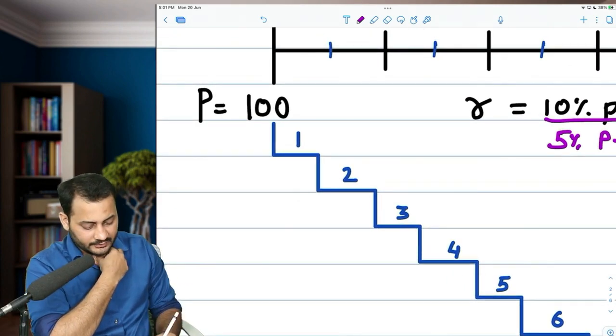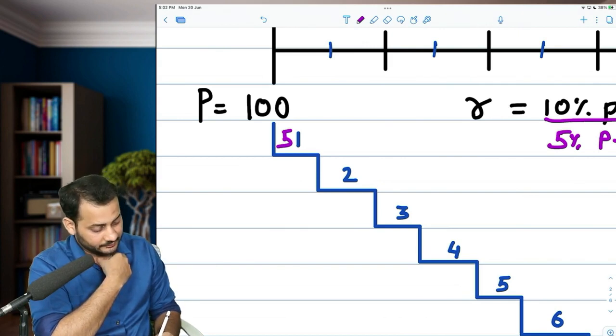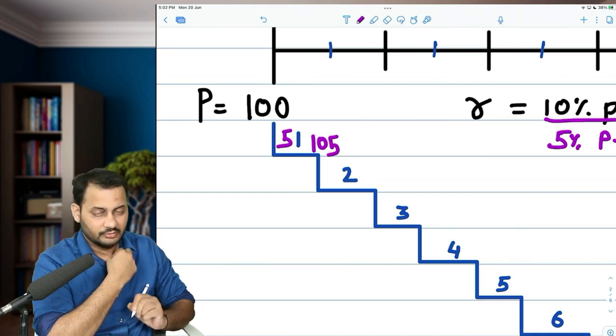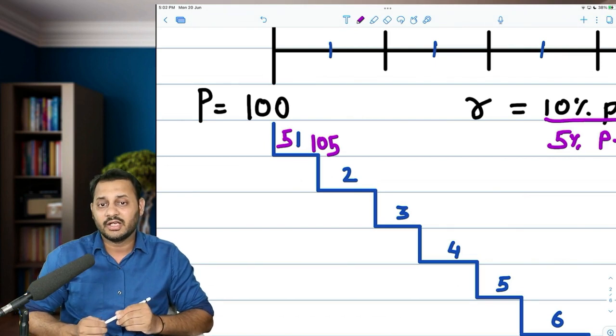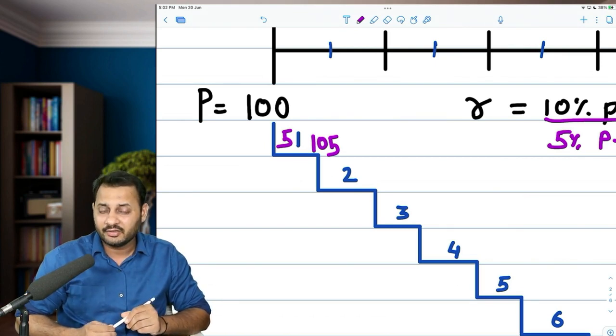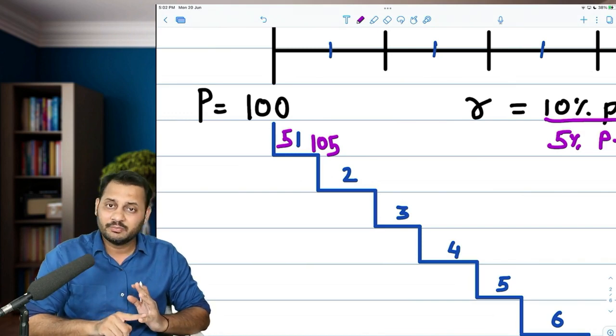Now in the first 6 months you will earn 5 rupees, 5% on 100. After the first 6 months, the amount of your money that the bank is using is 105. They have not paid you 5 rupees yet. They are using your 5 rupees as well as the principal amount.